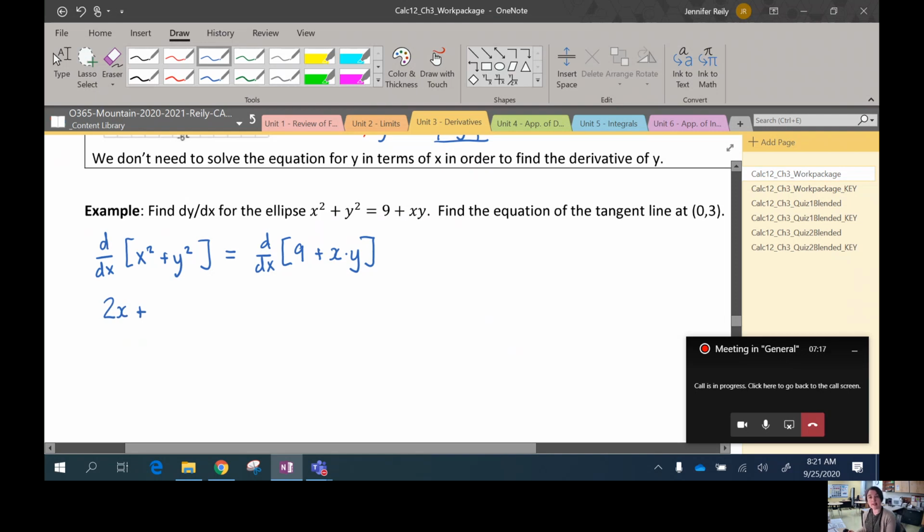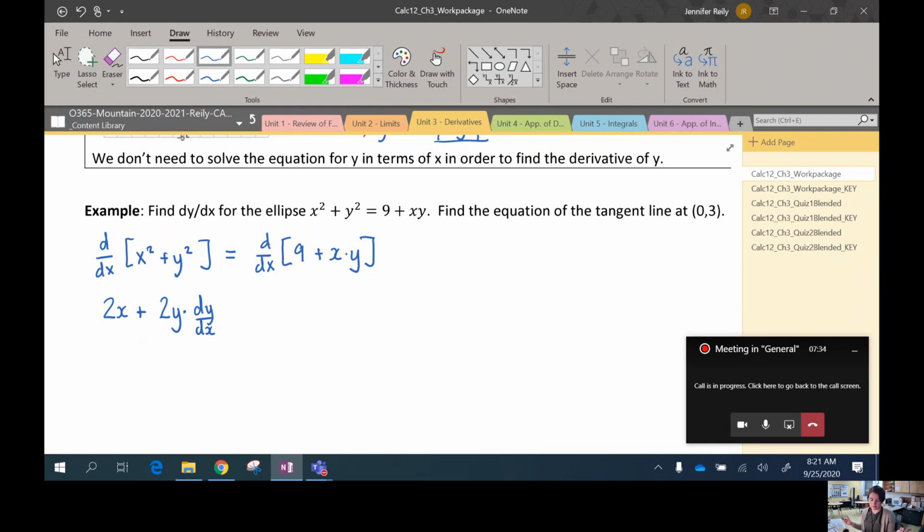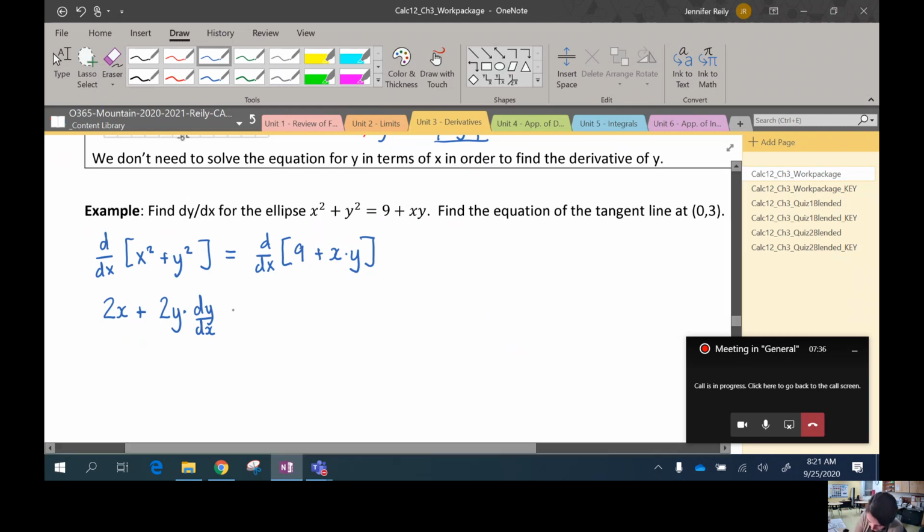The derivative with respect to x of y squared, we have to use the chain rule. So first we do the outer part, the squared part, and then we have to take the derivative of y with respect to x. So remember, y is a function of x. We just don't know what that function looks like. So we just write down dy dx. Okay, now we need to take the derivative of 9, which is 0.